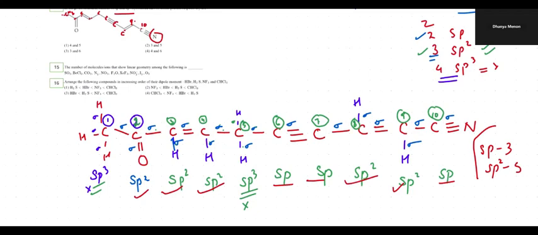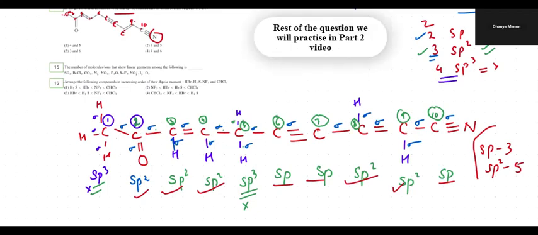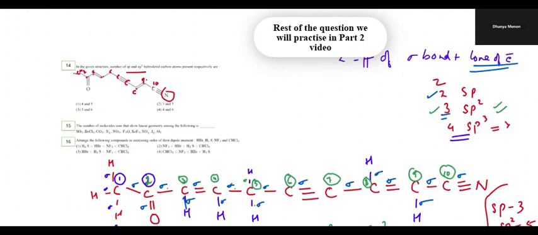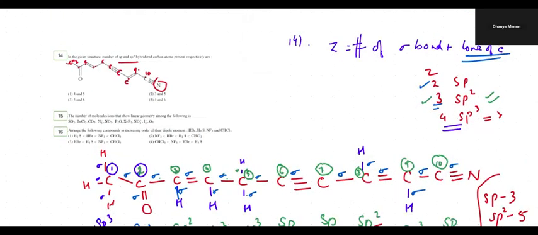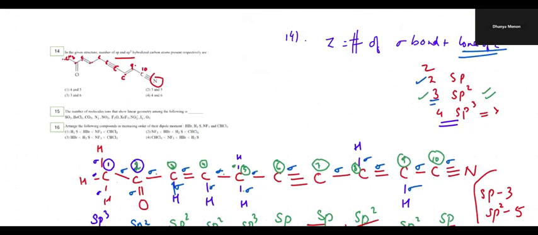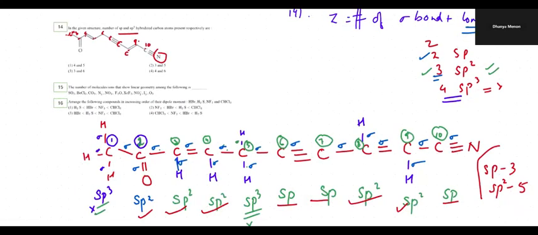So I was missing something. There are 5 sp2. The sp3 ones are two, but the question did not ask for sp3. So sp is 3 and sp2 is 5, so the difference of 2 is our answer.